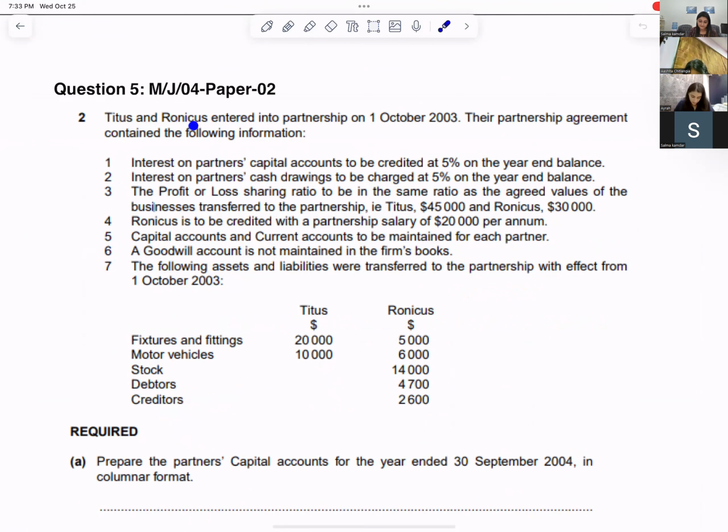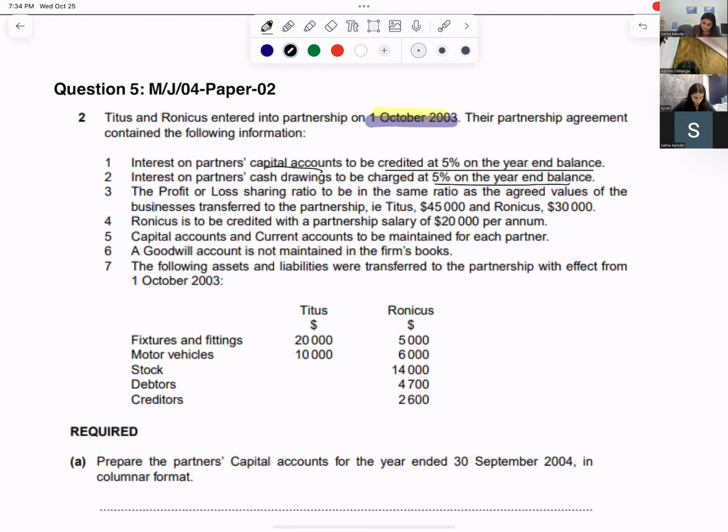Titus and Ronicus entered into a partnership on 1st October 2003. The partnership agreement contained the following information. Interest on partners' capital accounts to be credited at 5% on the year-end balance. Interest on partners' cash drawings to be charged at 5% on the year-end balance.